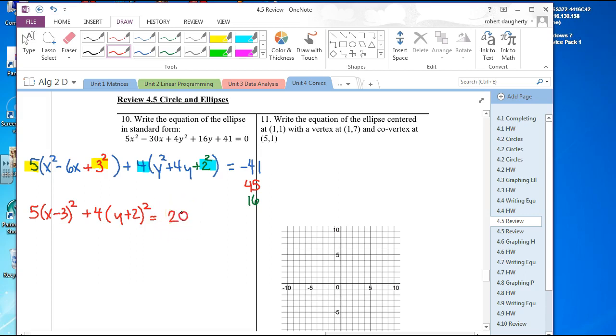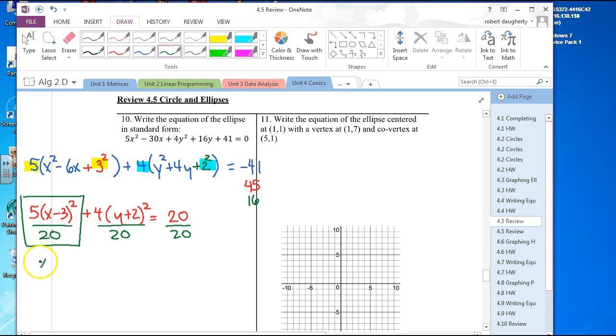Okay. Now, what's the standard form? The standard form of an ellipse is set equal to 1. So what I need to do now is divide everything by 20. Look at the first term. What is 20 divided by 5? That is 4.